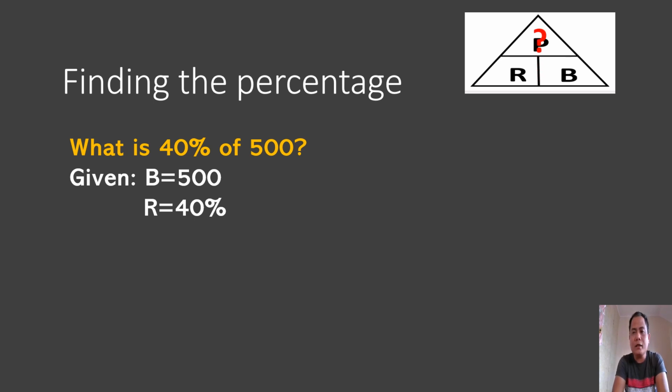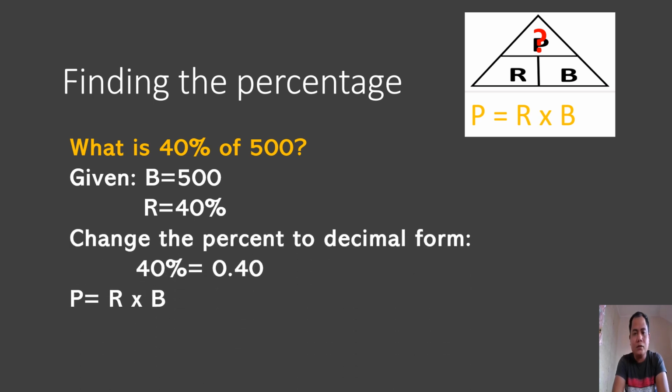Looking at the magic triangle, we are looking for the percentage. So our formula is P equals R times B. Before that, we will change first the percent to decimal form. So 40% is equivalent to 0.40. So 0.40 multiplied by 500.